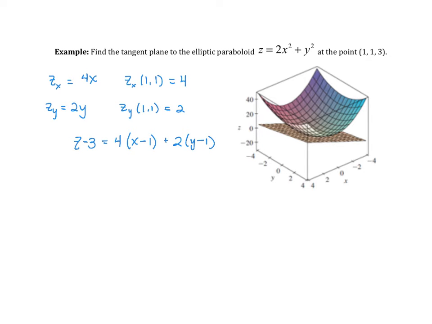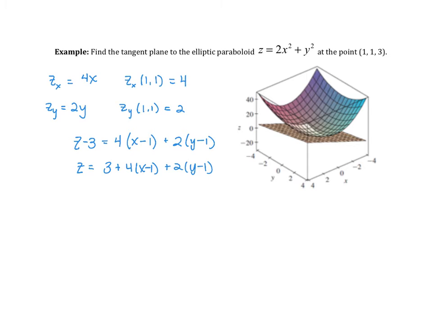Now, this is an acceptable form to have it in, but you may see it simplified several different ways. We could put the 3 in the front, so z equals 3 plus 4 times x minus 1 plus 2 times y minus 1. This is probably the most common way you would see it.